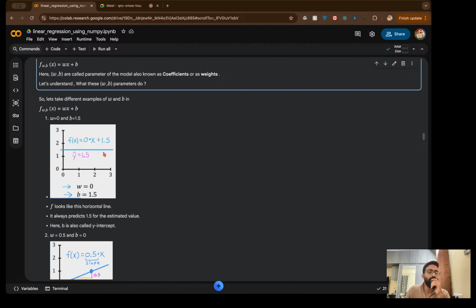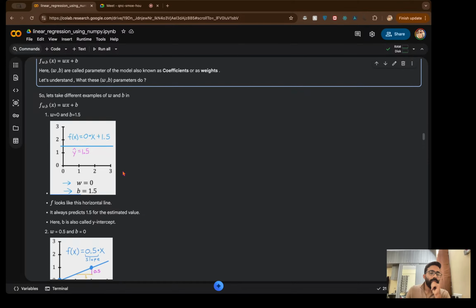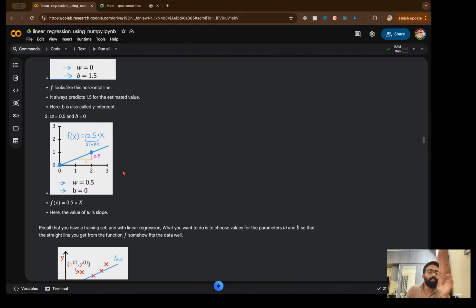That's why the line is a straight, horizontal line. So with W equal to 0 and B equal to 1.5, no matter what input we give, the model will always output 1.5. Now let's make B 0 and W 0.5.